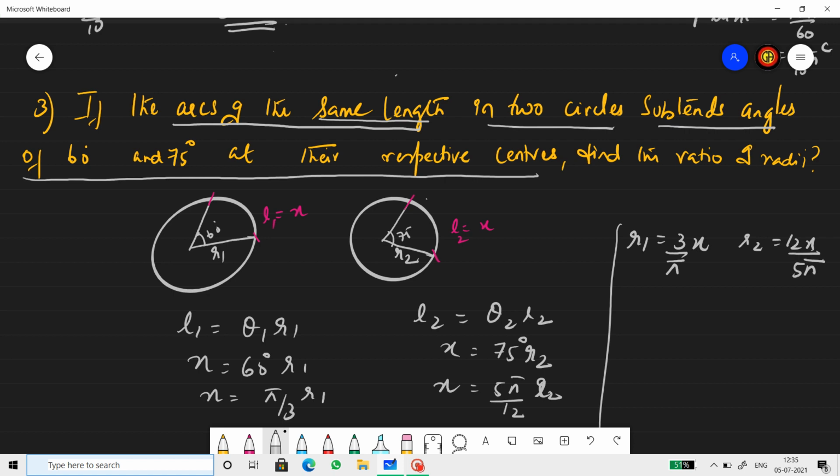So R1 by R2 equals 3x by pi divided by 12x by 5 pi. What will get cancelled? Pi will get cancelled, X will get cancelled. So we get 15 is to 12, which reduces to 5 is to 4.